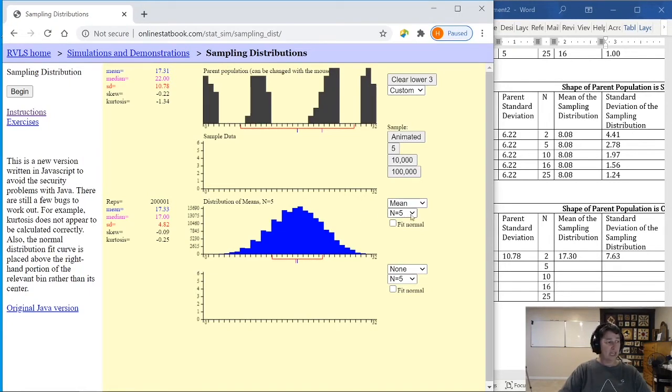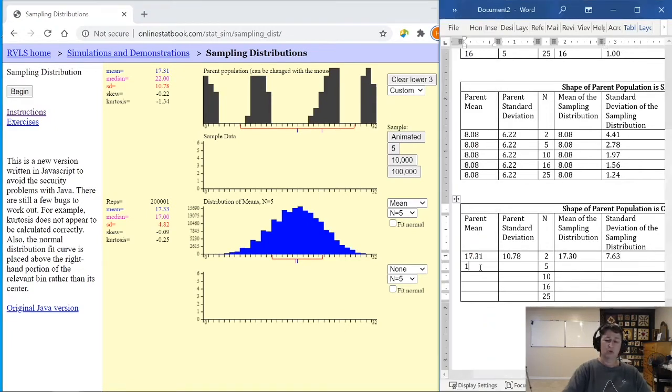As I increase the sample size, this distribution of sample means looks more and more symmetric, more and more normal. Let me record the information so we can look at it in a second. The mean of the distribution is 17 and 33 hundredths, and the standard deviation is 4 and 82 hundredths.